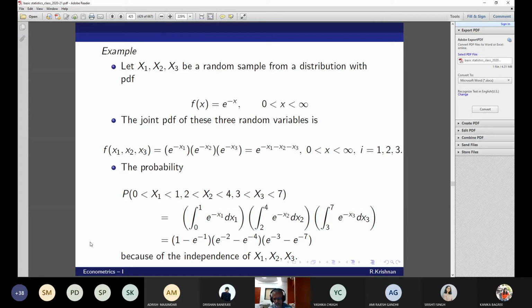And they have the following PDF: 2x/25 times e to the power minus (x/5) whole square, for x between 0 and infinity, that is, 0 less than x less than infinity.